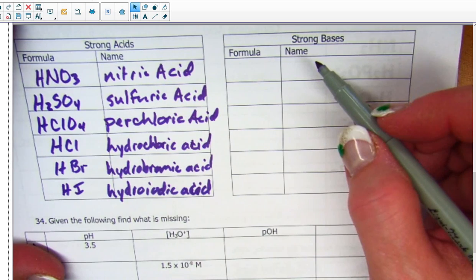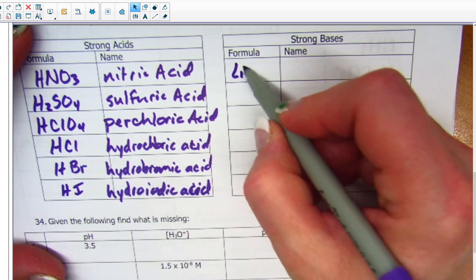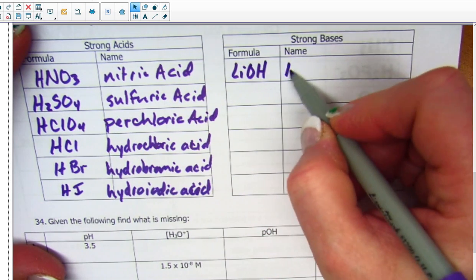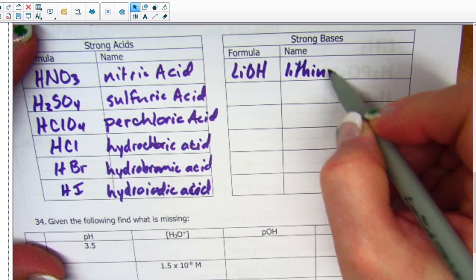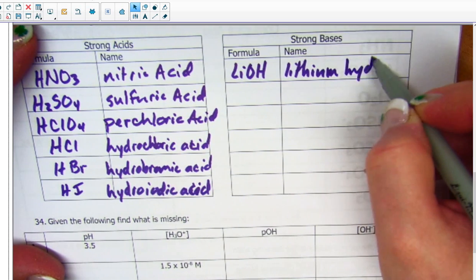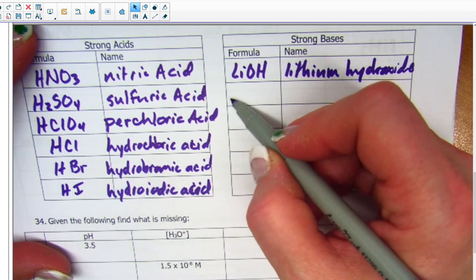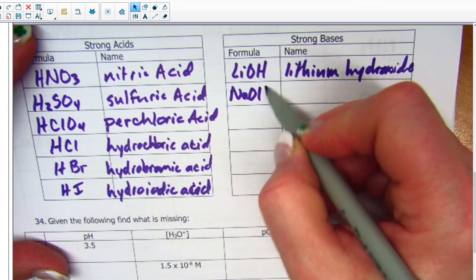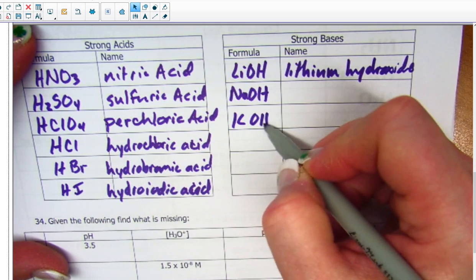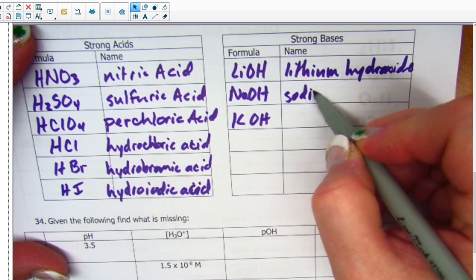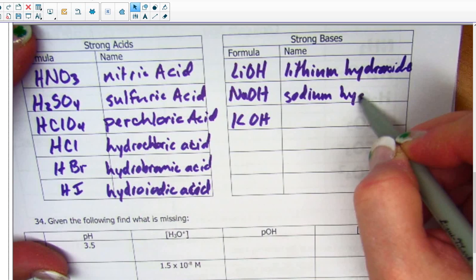They start with lithium, and you get lithium hydroxide, and it is in a Tetris pattern. Sodium hydroxide and potassium hydroxide, all in the first column.